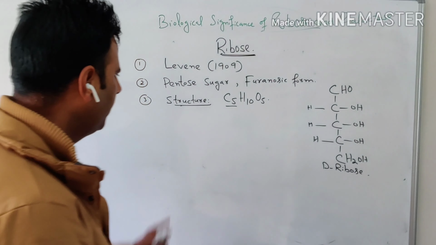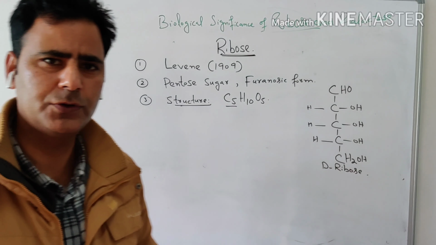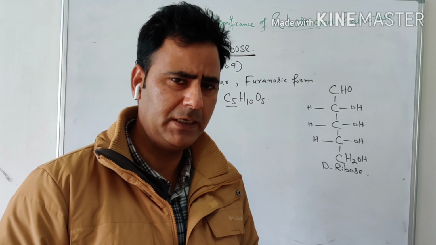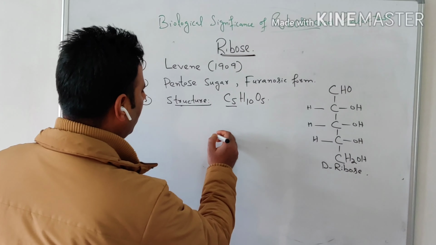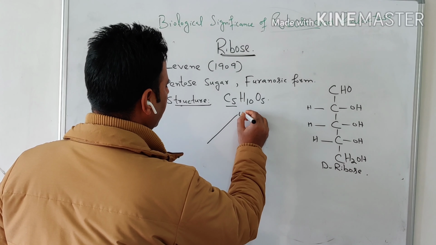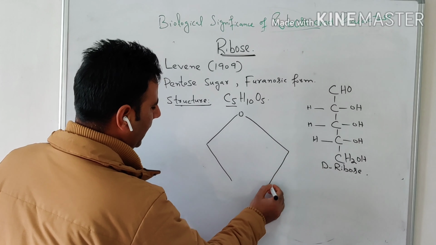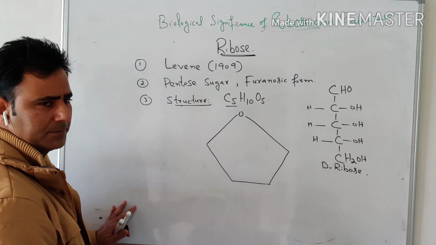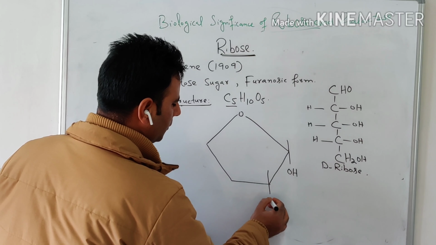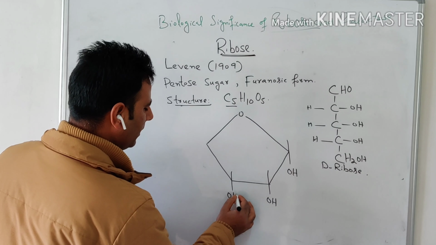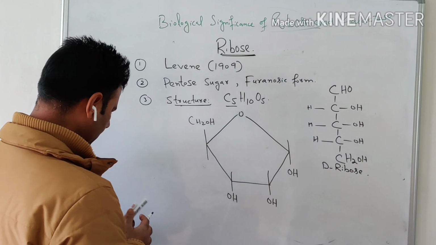The ring form structure of ribose shows its stability in furanosic form. The furanosic ring is pentagonal, so I have to draw it like this. Here it has a hydroxyl group, a hydroxyl group, a hydroxyl group, and CH2OH.